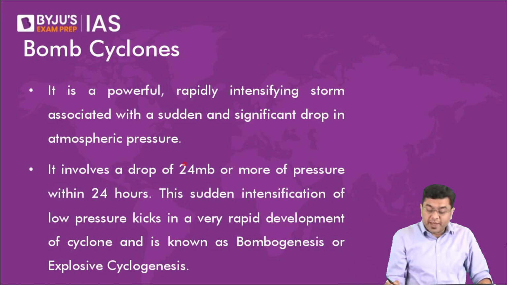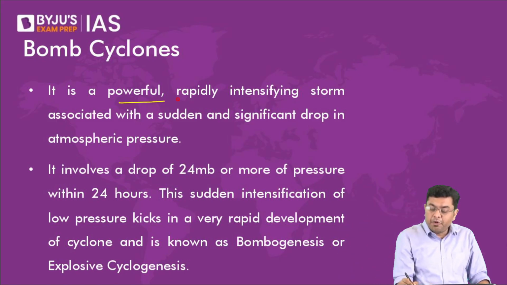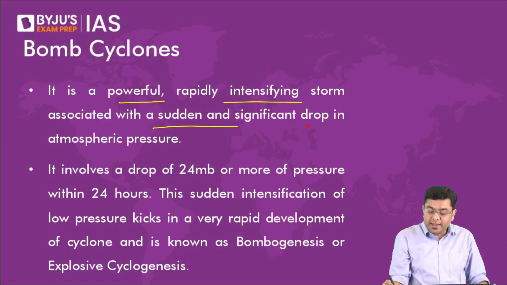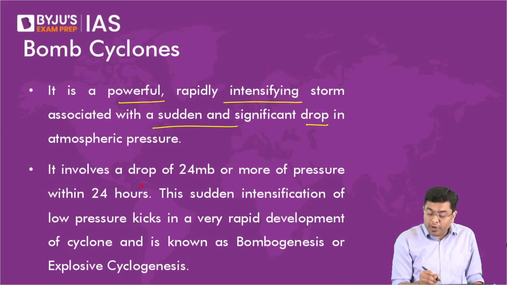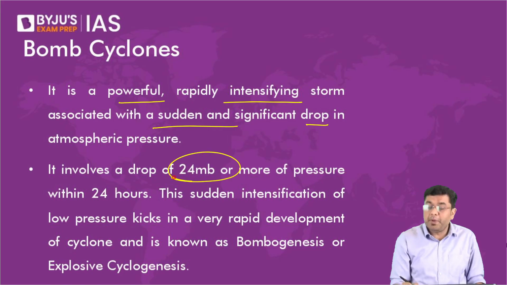So a bomb cyclone is a powerful, rapidly intensifying storm associated with a sudden and significant drop in the atmospheric pressure around that low pressure. It involves a drop of 24 millibar or more of pressure within a span of 24 hours.